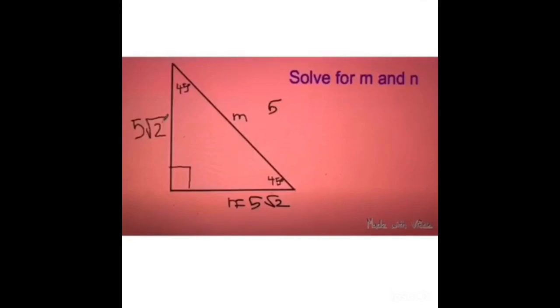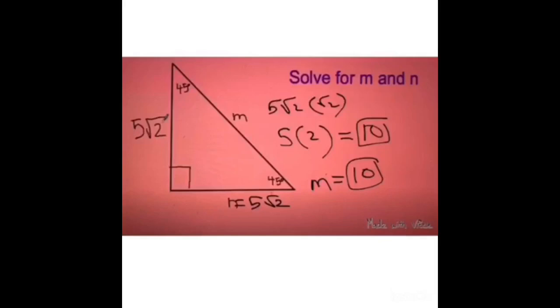So it's going to be 5 square root of 2 times the square root of 2. So square root of 2 times square root of 2 cancel out each other, which will give us 5 times 2, which equals 10. And this is my answer. M equals 10 and n equals 5 square root of 2.